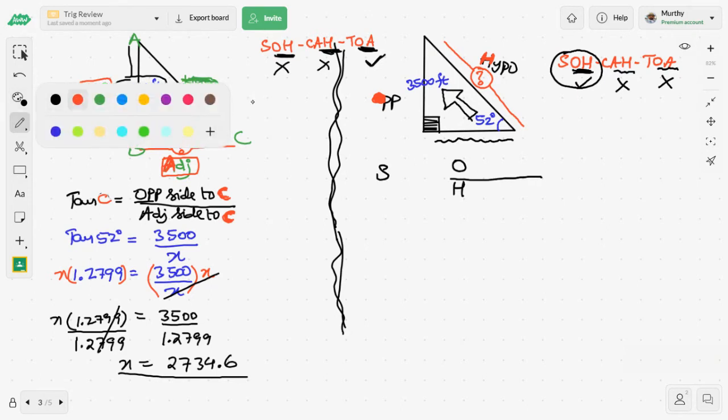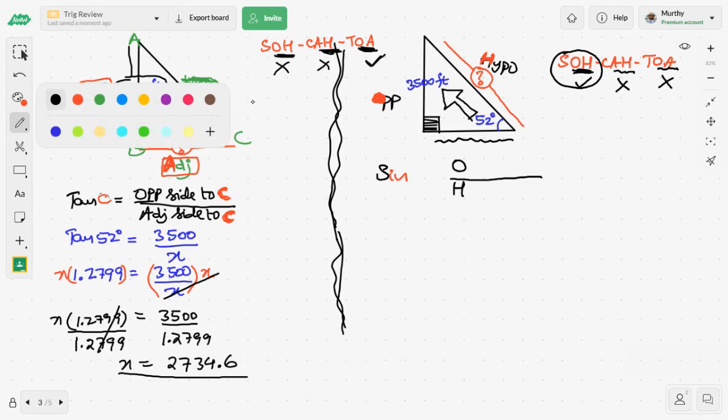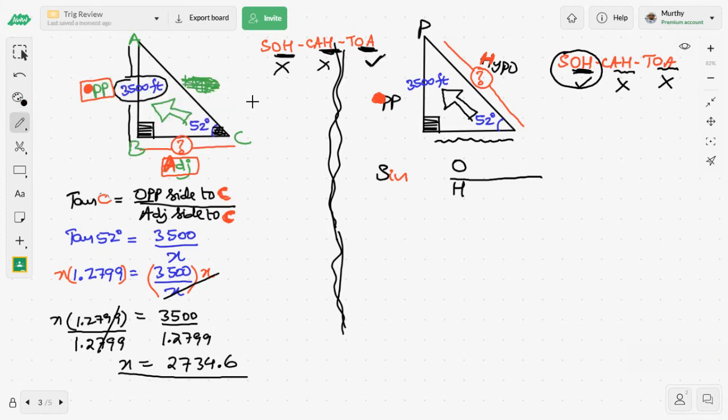So let me write that, sine theta. Here the angle is already given, so let me label this one as maybe P, Q, R. So here I see that the angle is given, right?